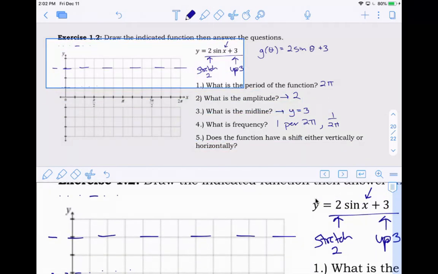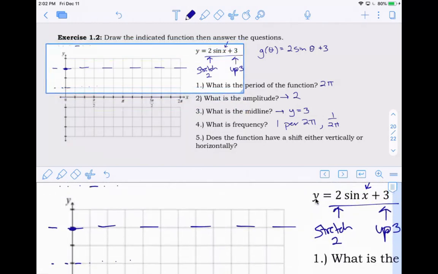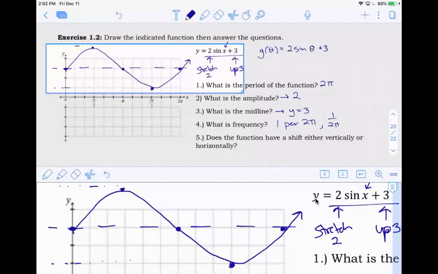So we're going to start here at 3, go up 2, back to 3, down 2 to 1, and back up to 3. And we have that same function, same shape, same size. It's just up and a little bit taller. It's going 2 up instead of 1 up.